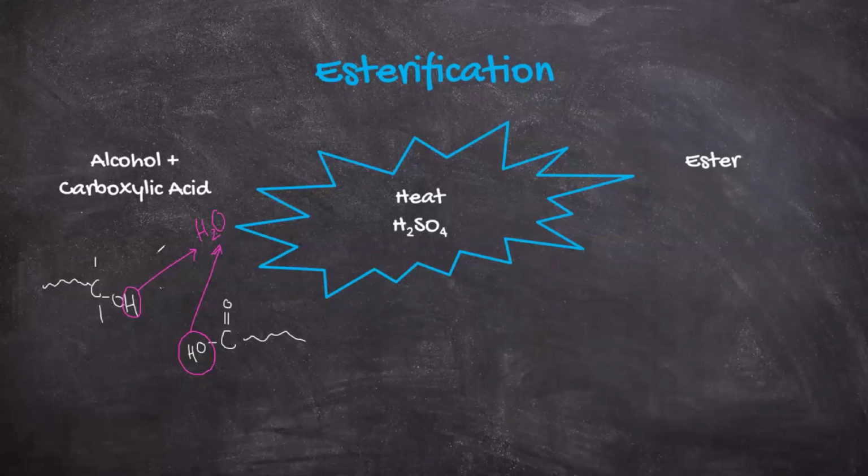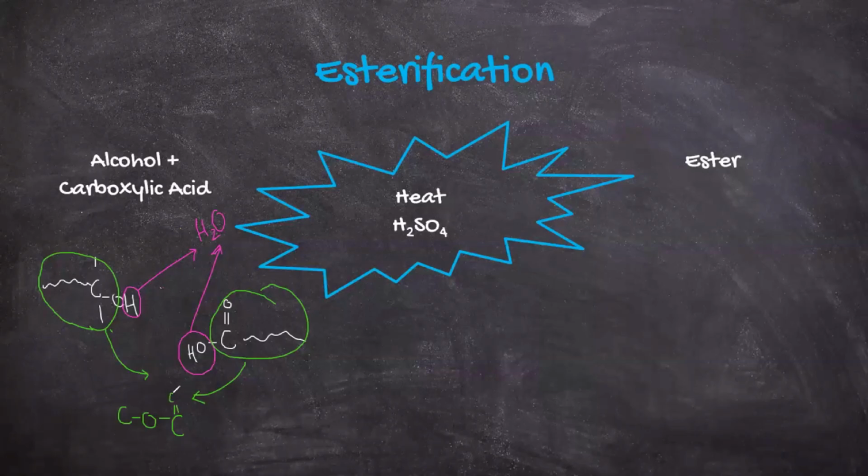And then if I highlight this in green, this carbon chain and this carbon chain are going to come together and they're going to form C, O, C, double bond O. Maybe that's a little bit clearer.